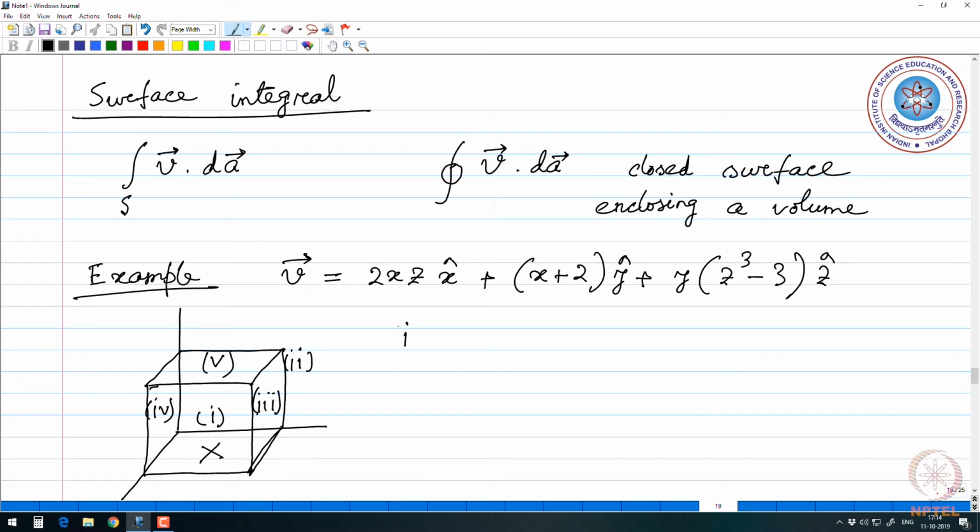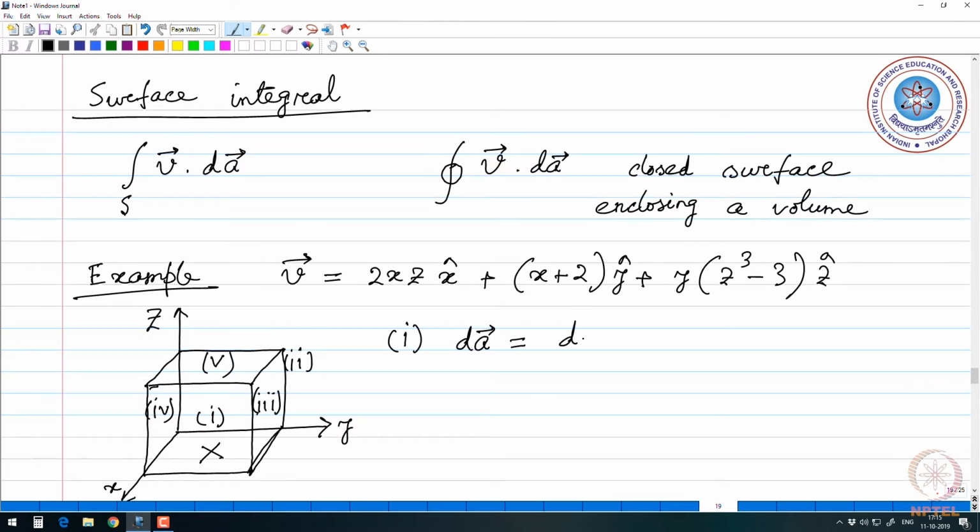For surface 1, the area element dA is given as, here this is x, this is y, and this is z. So what are the variables on the first surface? We can see that x is a constant, y and z vary, and this surface points along the x direction.